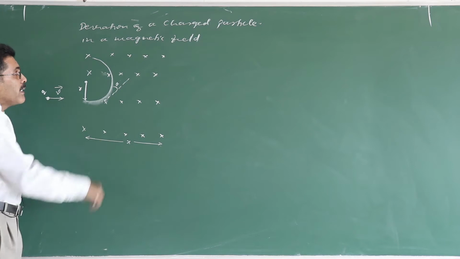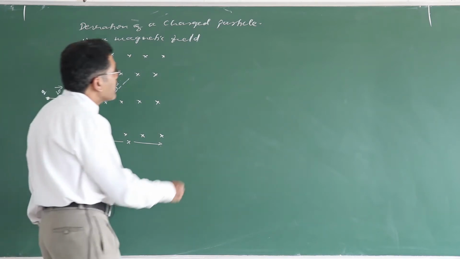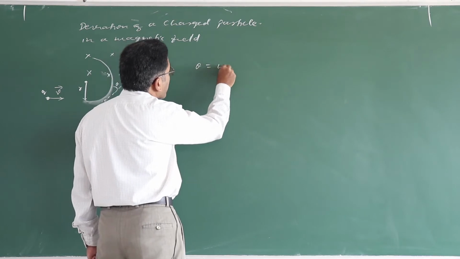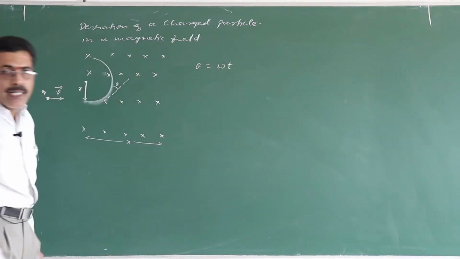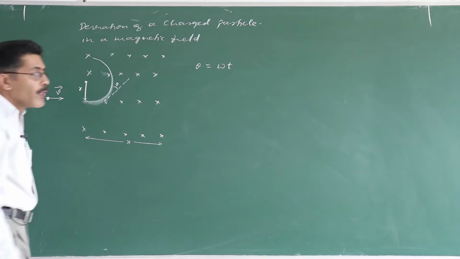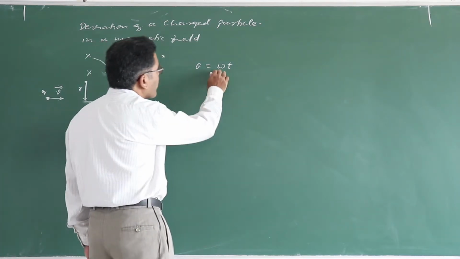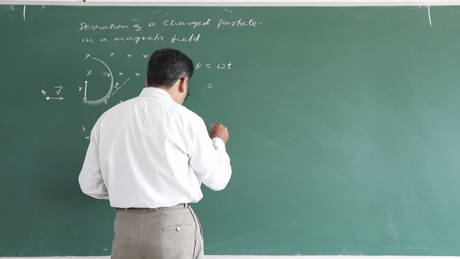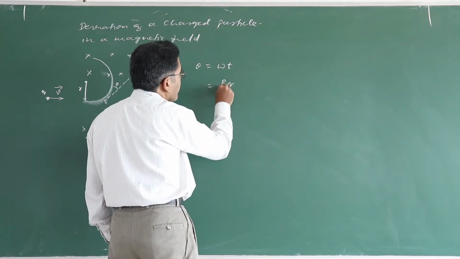Then the deviation of the charged particle in the magnetic field is given by theta is equal to omega t. This is one relation, theta is equal to omega t, where omega is the angular frequency. This is equal to Bq by m into t.